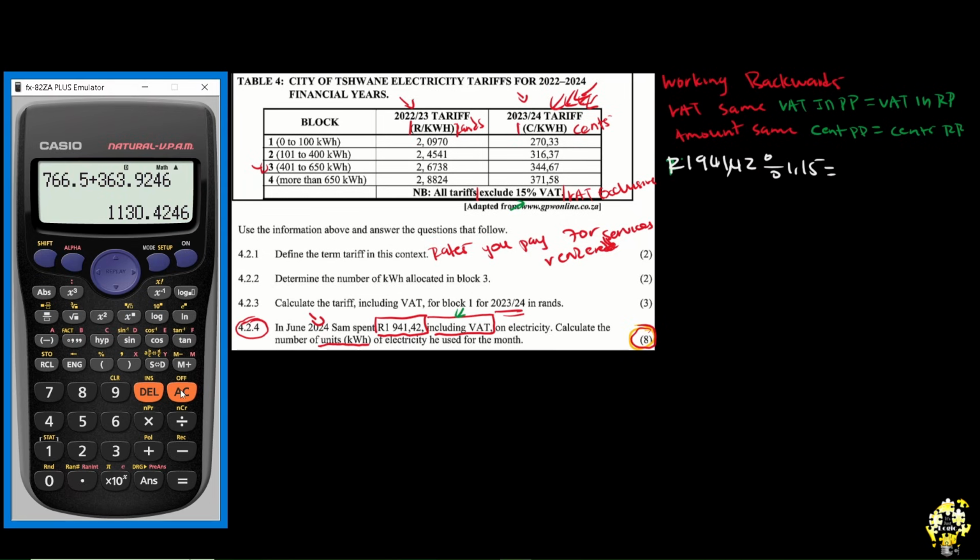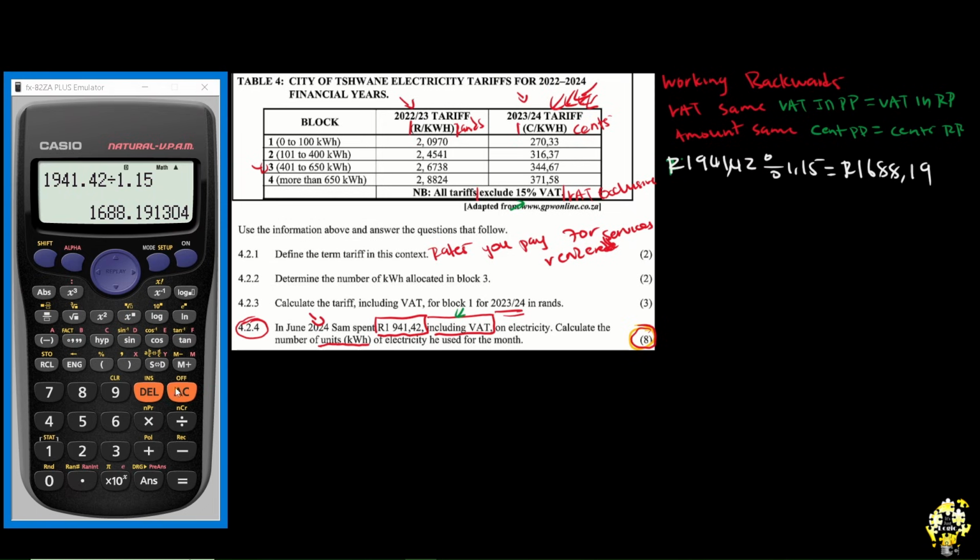What answer do we get? If you make the amount VAT exclusive, it becomes 1,688.19. We will round it off to 2 decimal places.